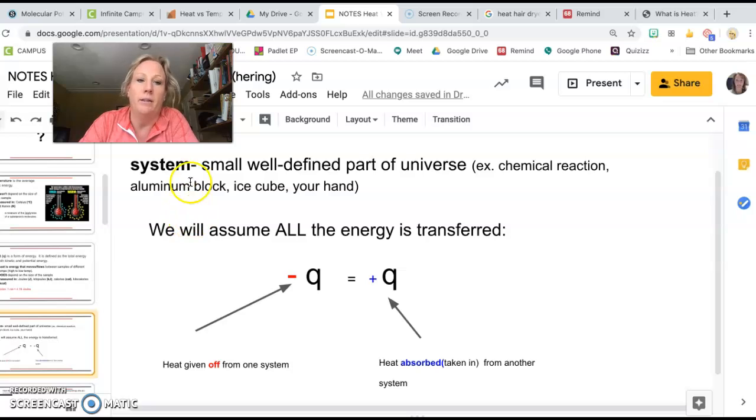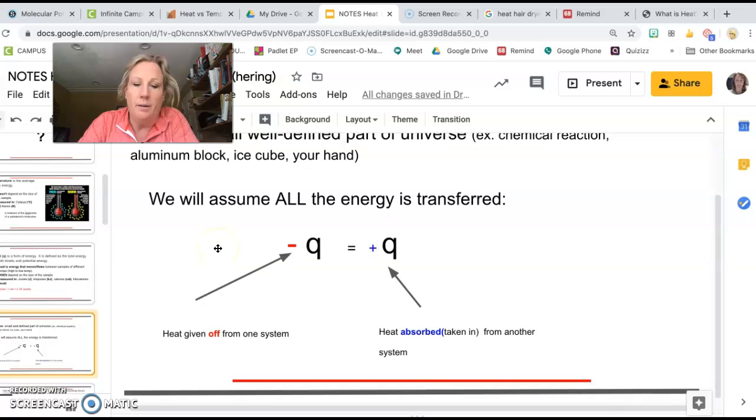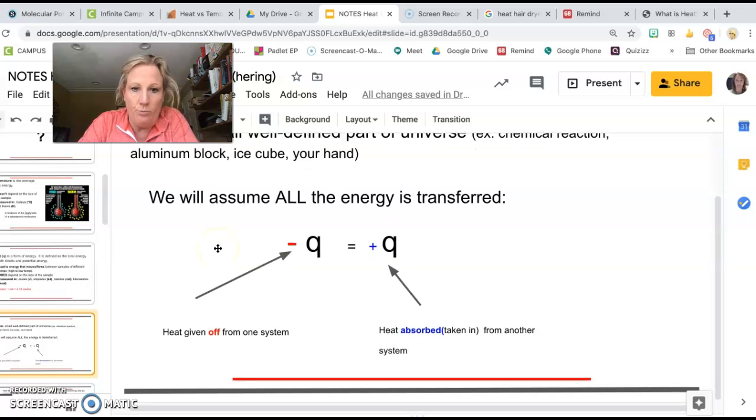So we were looking at the melting of the ice in the surroundings. And what we do in thermochemistry is we assume that all of the energy that is given off from one system, and we use a negative to show that the energy was released, is going to be then absorbed by another system.